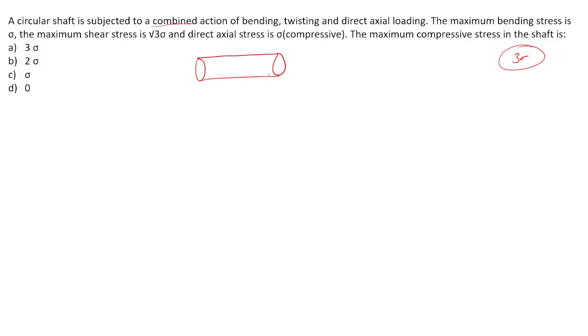It is first applied to twisting, and now bending also. Let's suppose this is the bending moment, and next is compressive. These three loadings are there. Now coming to the maximum bending stress, sigma.